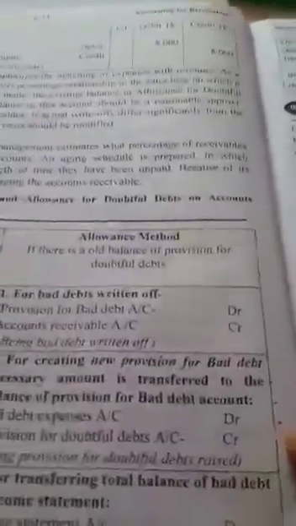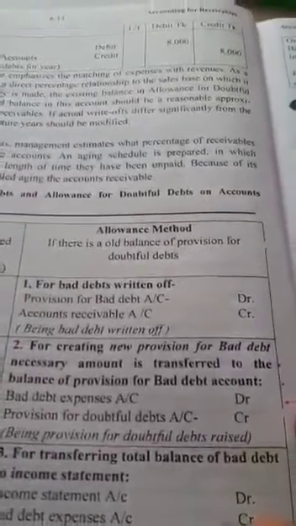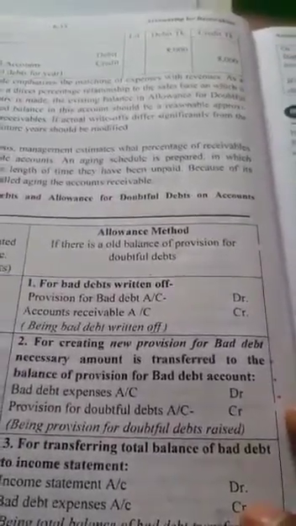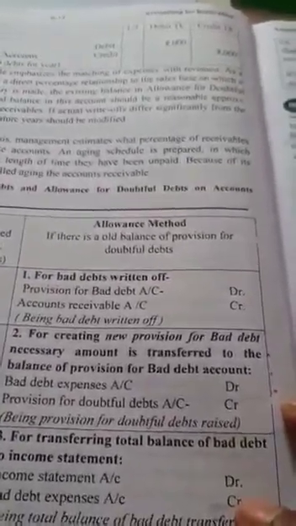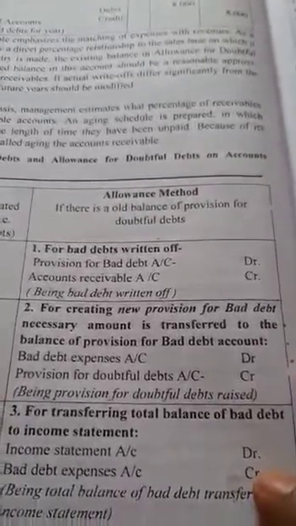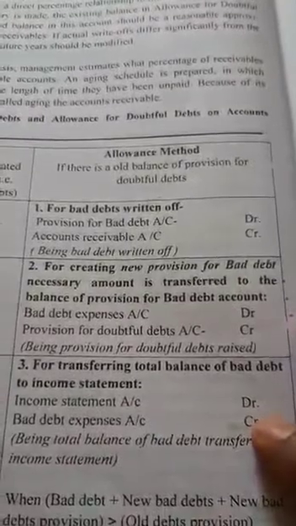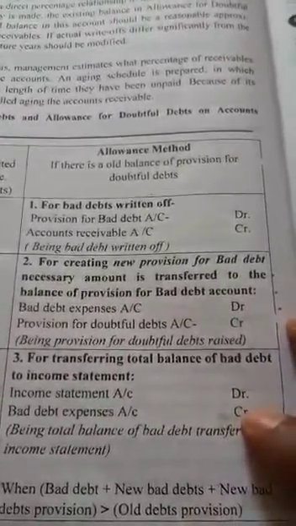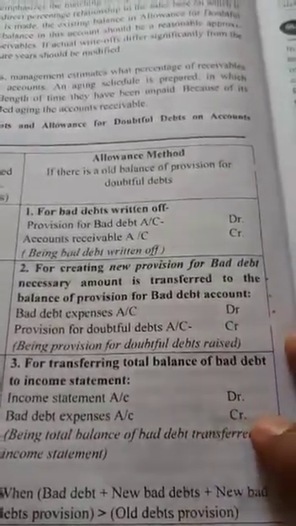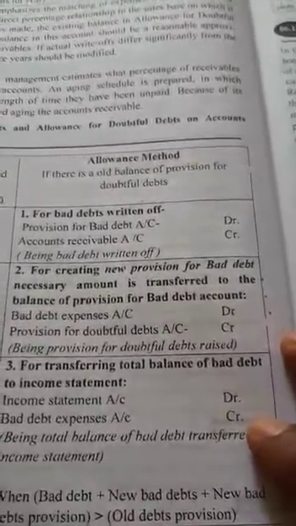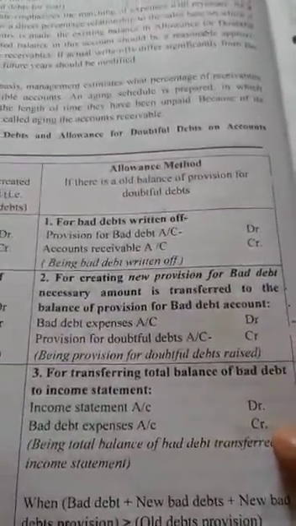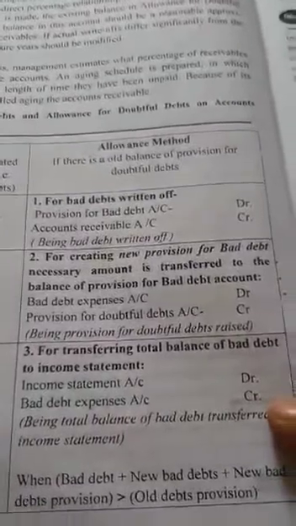We know that all nominal accounts, that is income and expenditure accounts, are closed in the same year, and no balance for them is carried to another year. Rather, it is transferred to the income statement and only the net profit or net loss is carried.